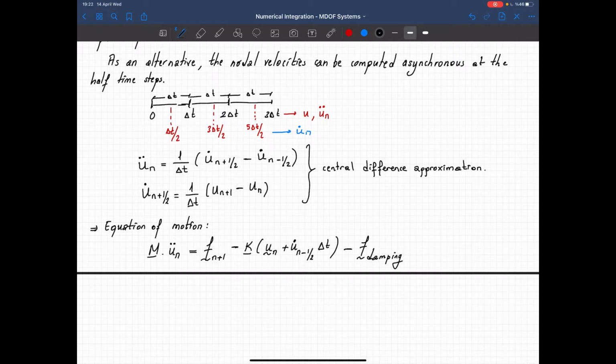If we call this part of the equation our f hat, we can see that I can calculate the acceleration u double dot n as equal to the mass matrix inverse times f hat minus the damping force.